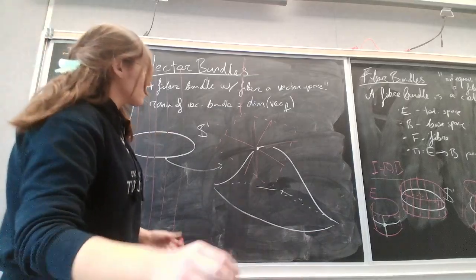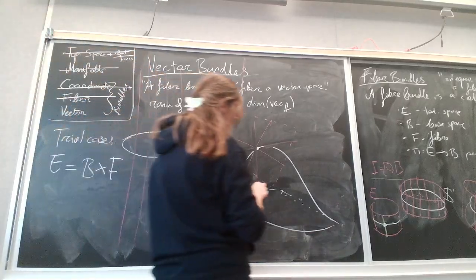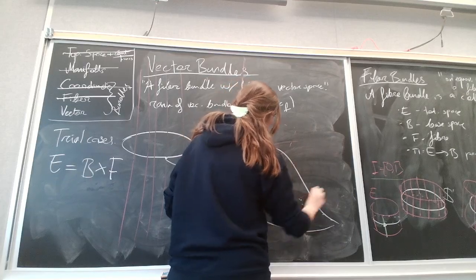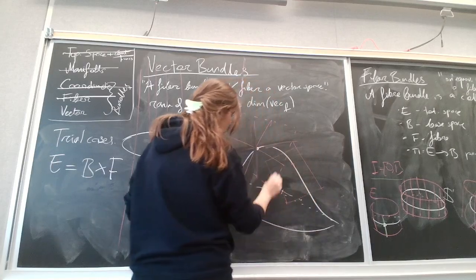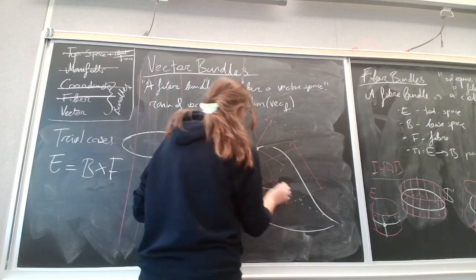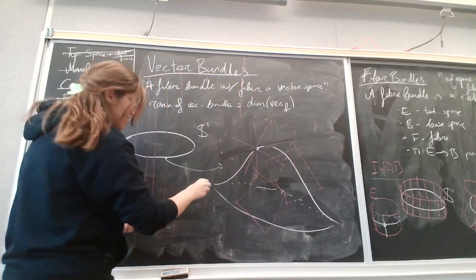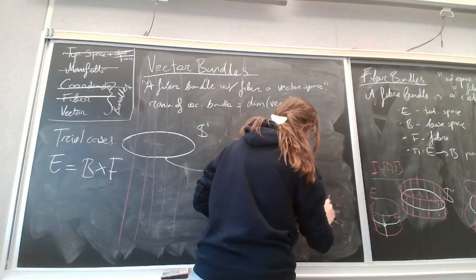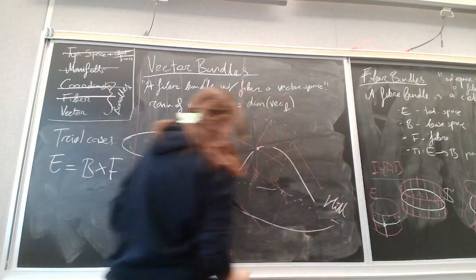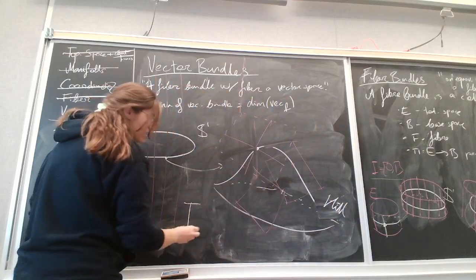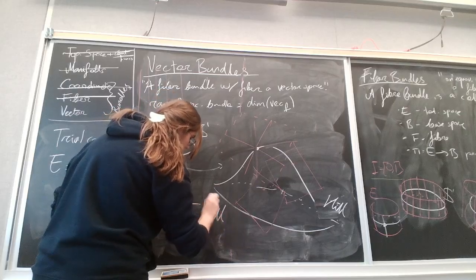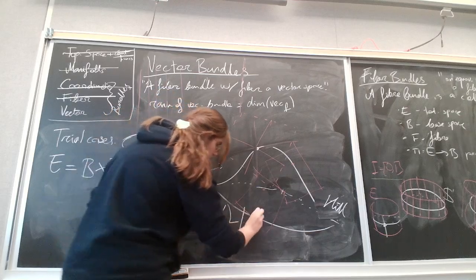If you do this for every point, and you call this hill M, or let's call it hill, the tangent space of the hill is a vector bundle.